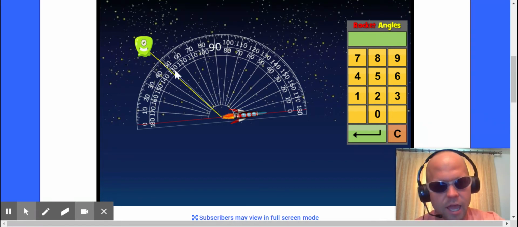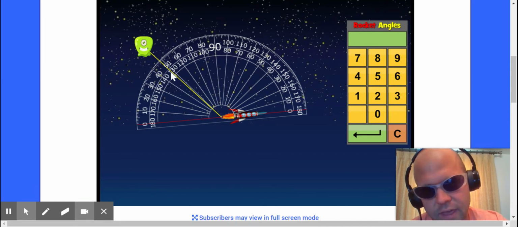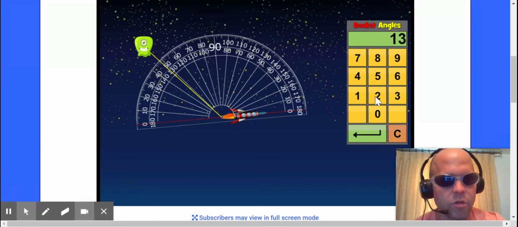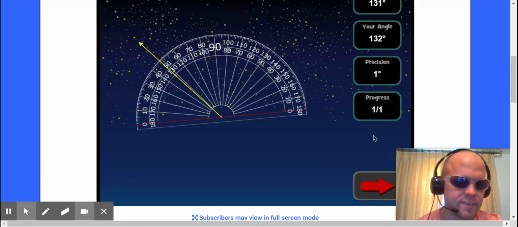I know this angle is bigger than 90 degrees because it's bigger than a regular corner. So I know I have to be using the 130, and it's going to go up from there: 131, 132. So I pop 132 in there, hit that, and I shot the alien. I got the alien. There we go.